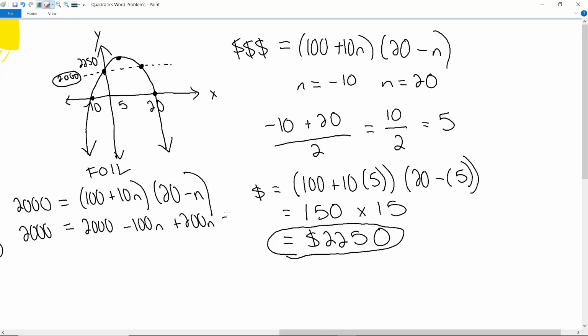And finally -n squared. But I need to set the left side to 0 because I want to get my quadratic working here. So 0 equals 2,000 minus 2,000, right? Because we moved this over and it's turned negative. So that'll cancel out. And then we have the rest of our terms.